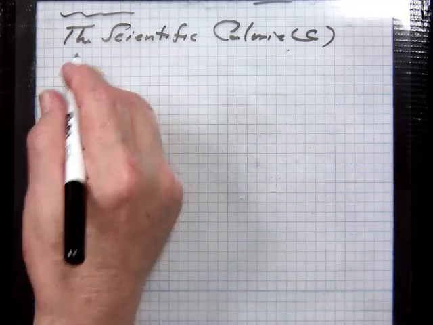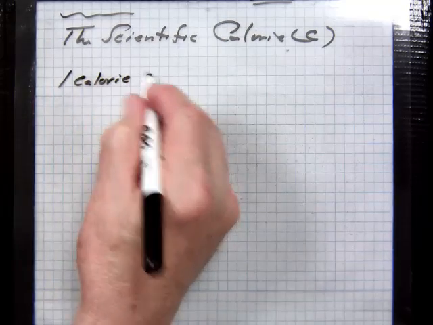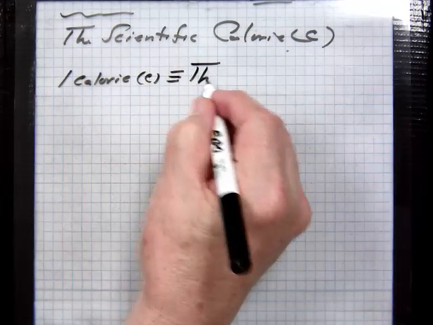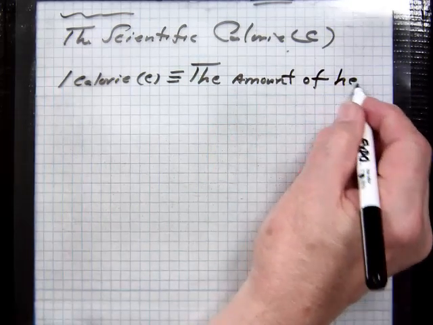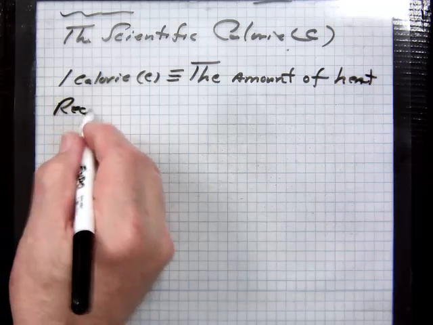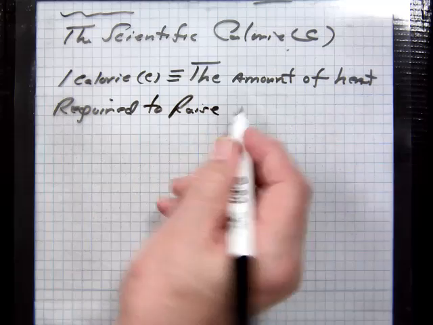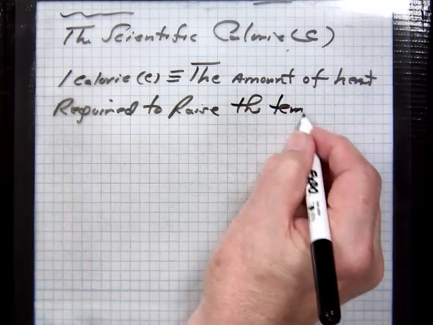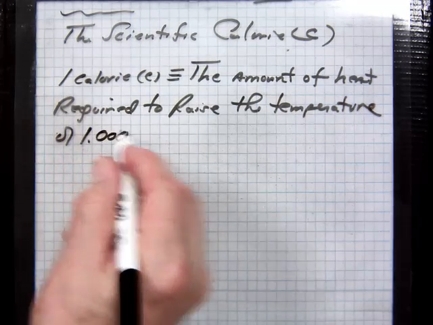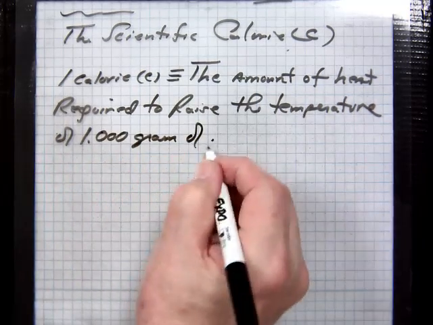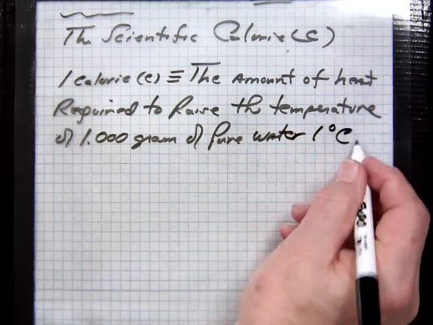The scientific calorie is simply, by definition, the amount of heat required to raise the temperature of 1.000 gram of pure water 1 degree Celsius.